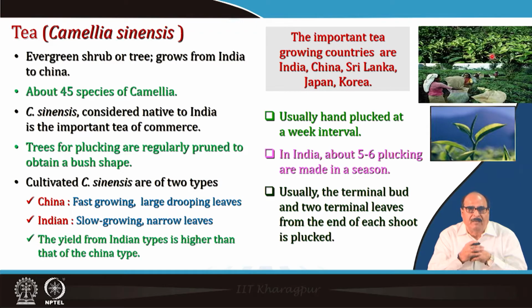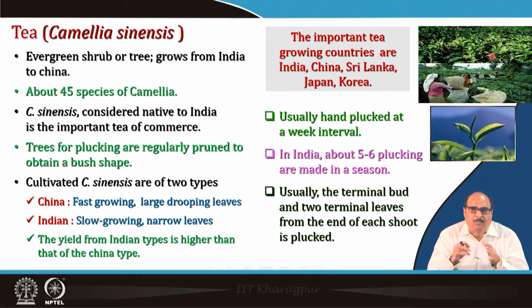The cultivated Camellia sinensis are of two types, China type and Indian type. China type is fast growing with large drooping leaves, whereas Indian type is a slow growing variety with narrow leaves, but the yield from the Indian type is higher than that of the China type. The leaves are usually plucked at a week interval.